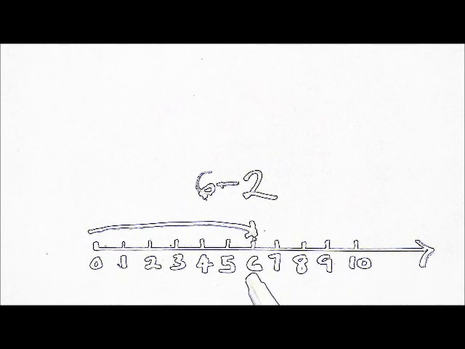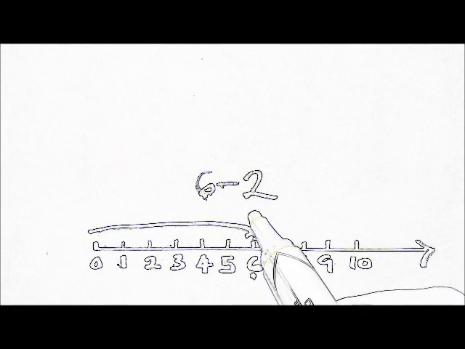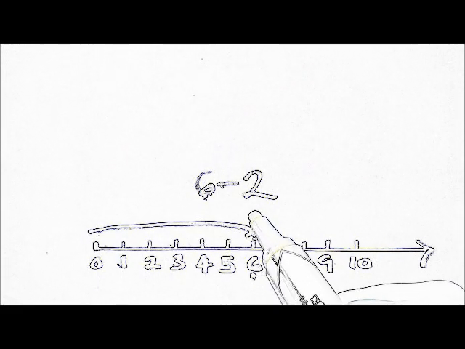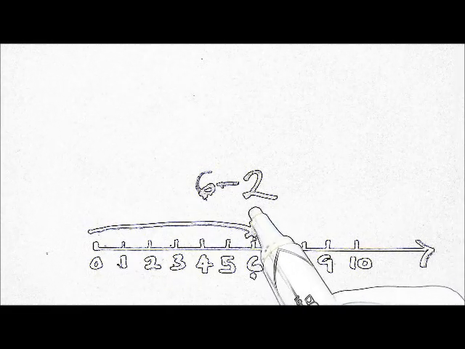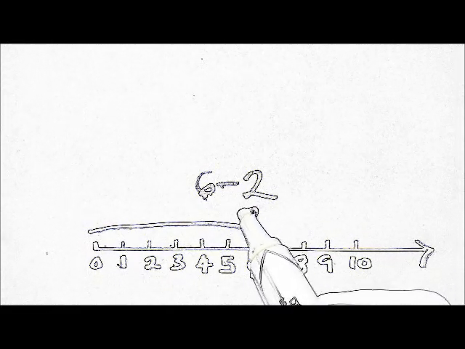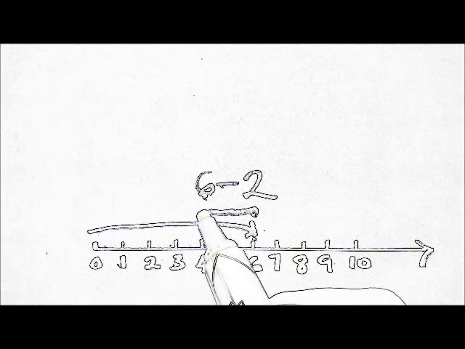So we are going to start from where we ended here on 6, and we are going to take 2 steps backwards. So we start from 6, our 6 now becomes a 0 as we count 2 steps backwards. So it will be 0, 1, 2.